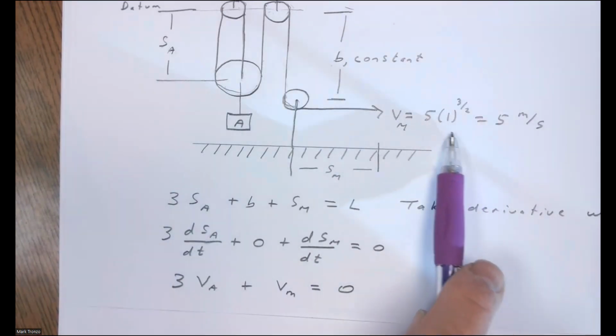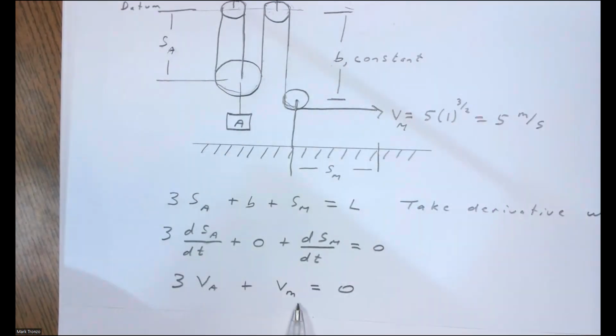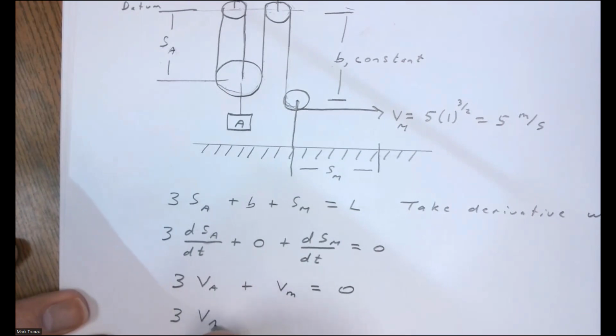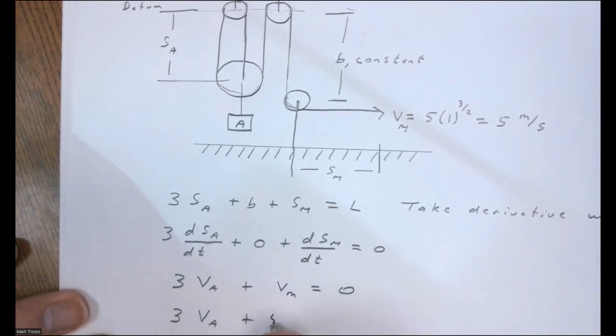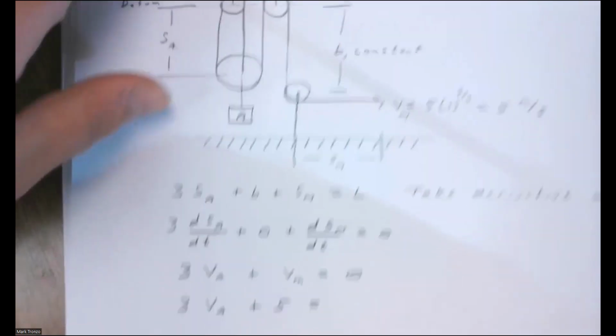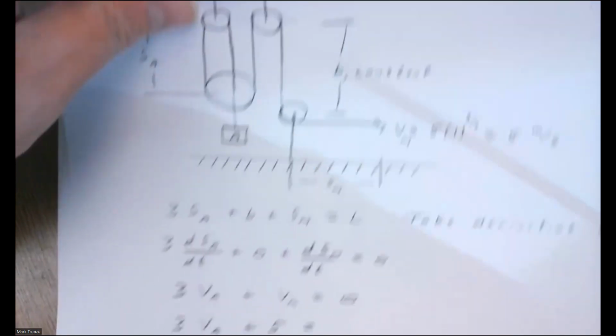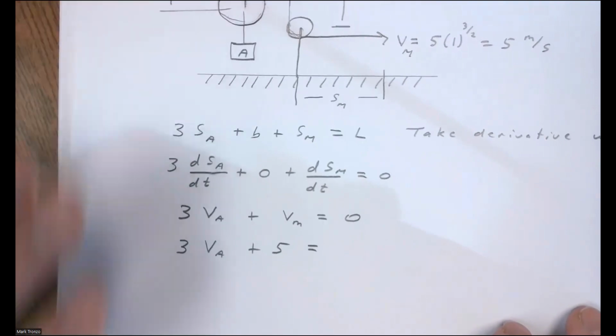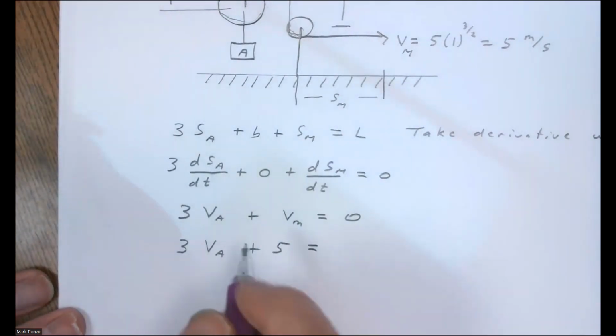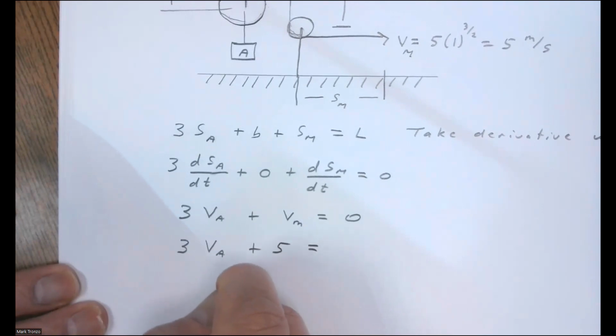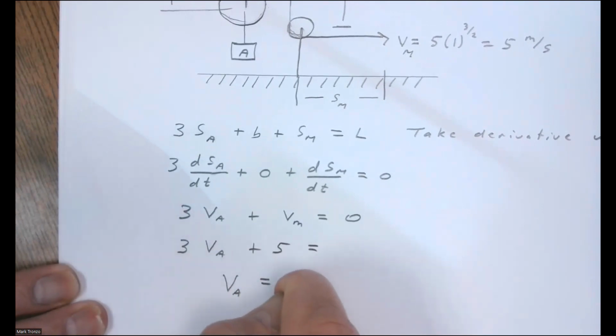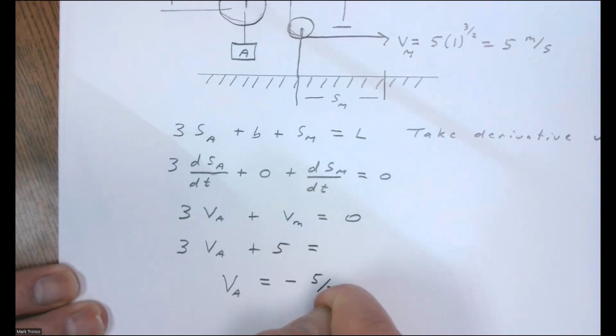We're going to plug our velocity into here. I just plugged our given velocity into here. So when we solve this, VA is going to be negative 5/3 meters per second.